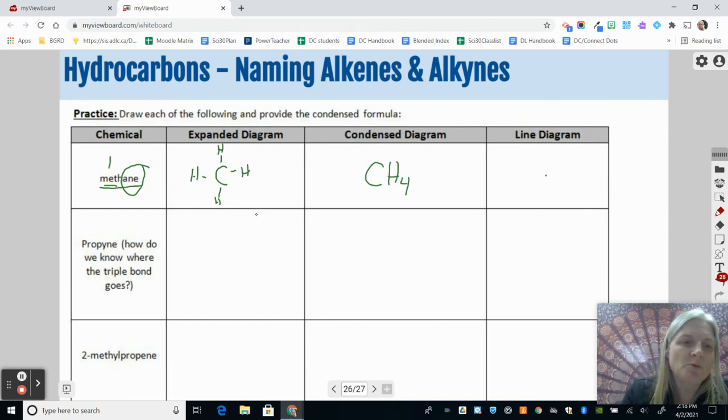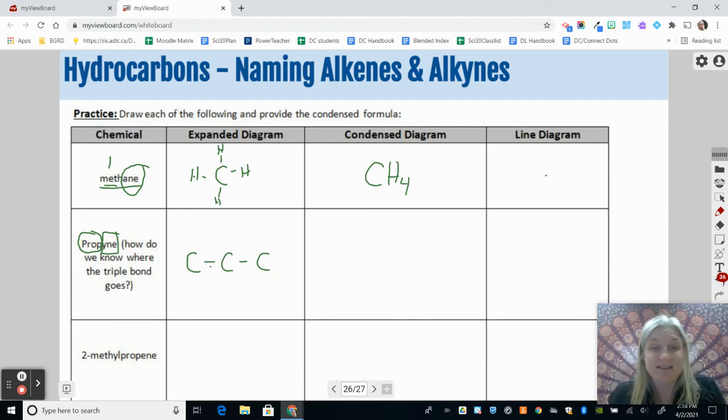Propyne is 3 carbons. So you start to get to know some of these after a while. So prop is like that. And when we see yne, that tells us we have a triple bond. Well, where do we put the triple bond? Do we put it here or do we put it here? Because there's no number saying 1 or 2. It doesn't matter.